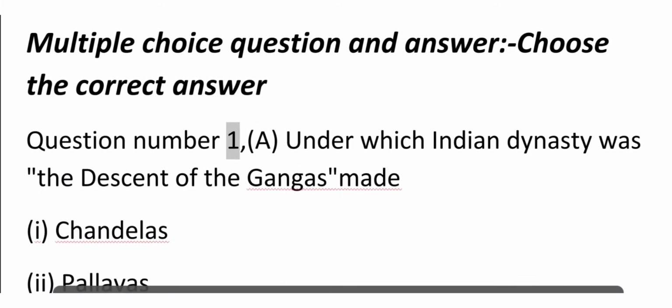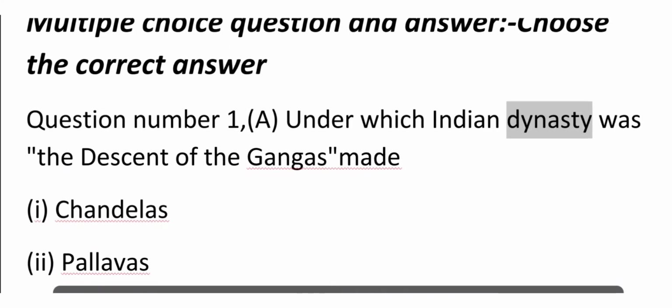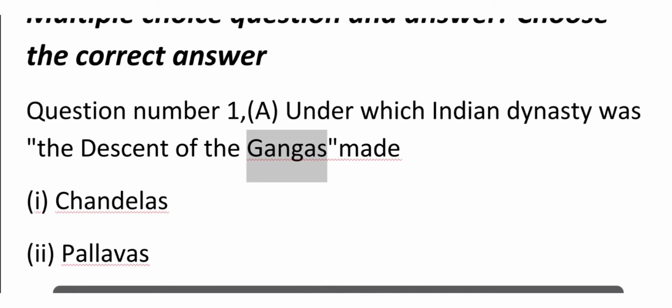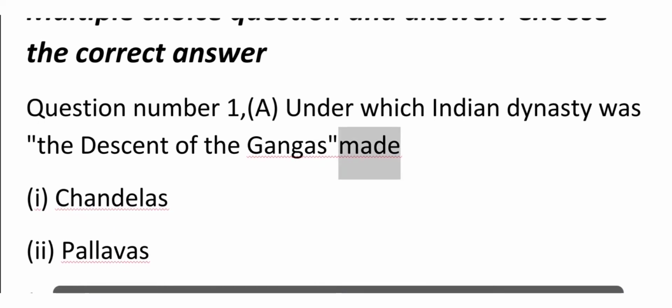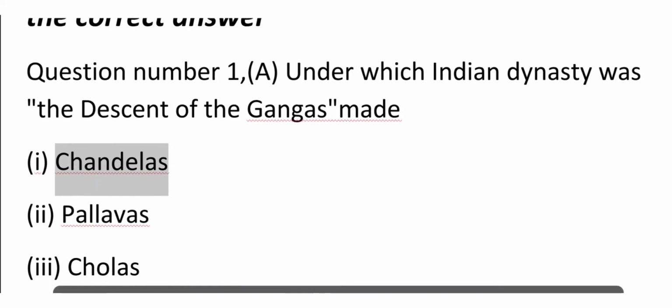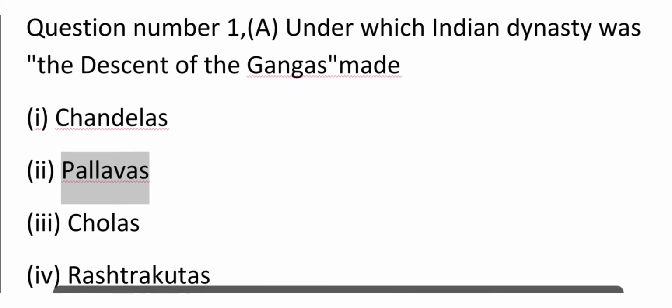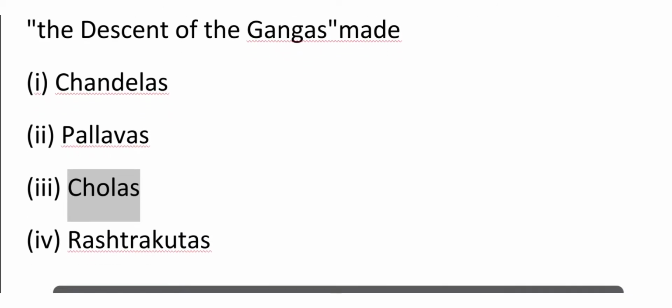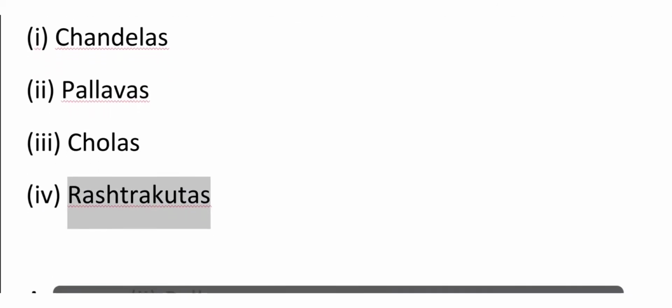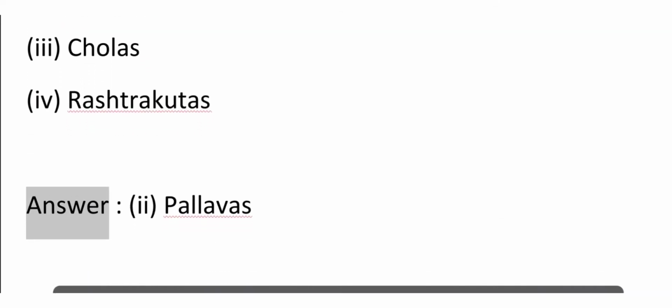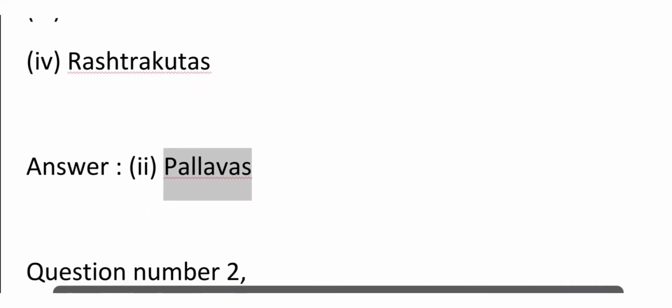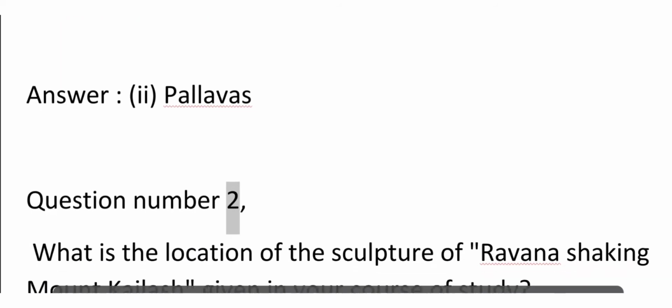Question number 1. Under which Indian dynasty was the Descent of the Ganga made? 1. Chandelas. 2. Pallavas. 3. Cholas. 4. Rashtrakutas. Answer: 2. Pallavas. Question number 2.